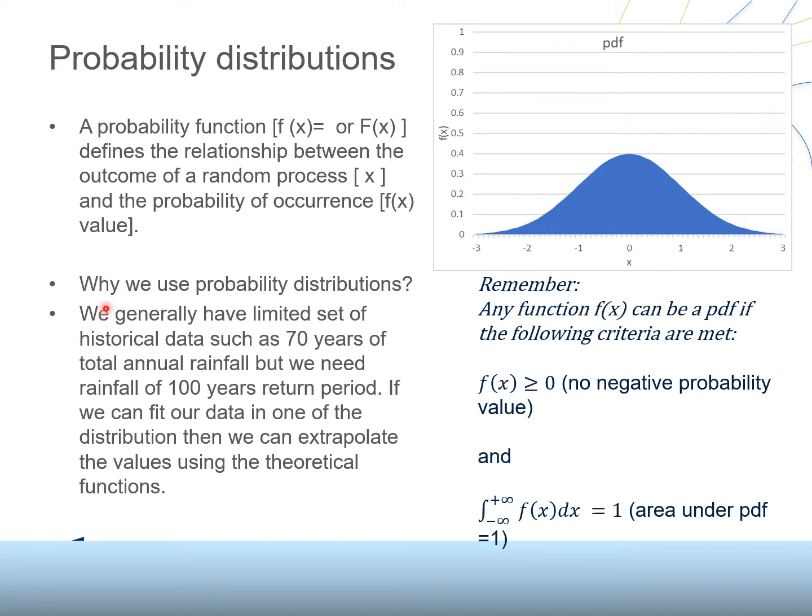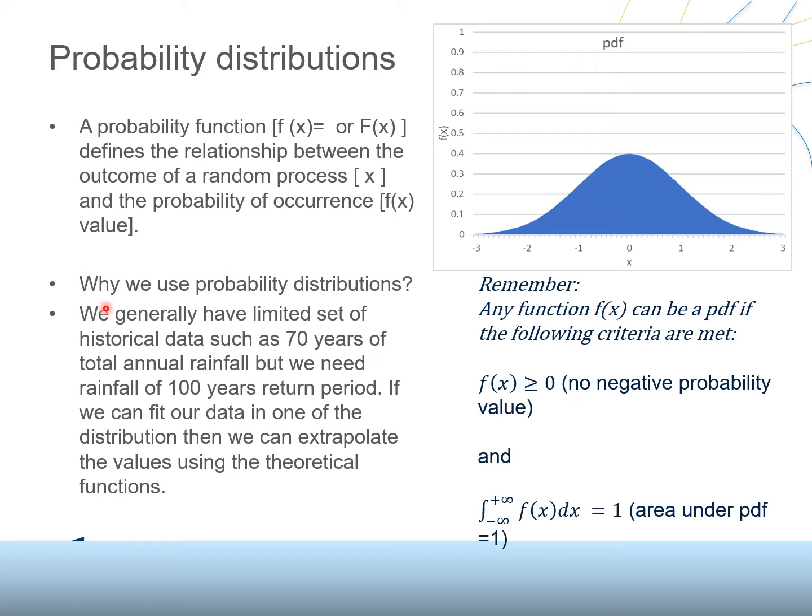Now, why do we want to use the probability distributions? So we always have limited sets of data. For example, you may have 70 years of total annual rainfall or 40 years of stream flow data.